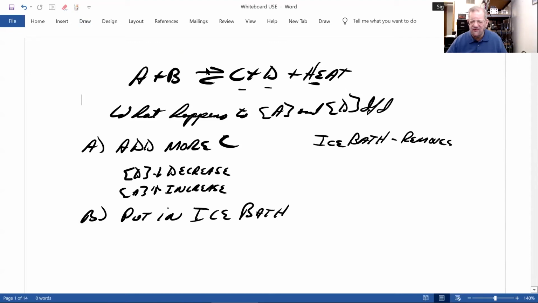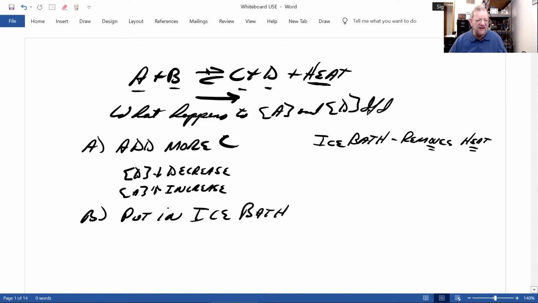It removes heat. And therefore, now the equilibrium has less heat and says, oh no, I don't have enough heat. I need more heat. How does it make more heat? A and B react to make more heat, but at the same time, it makes more C and D.